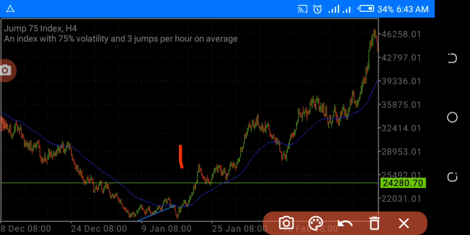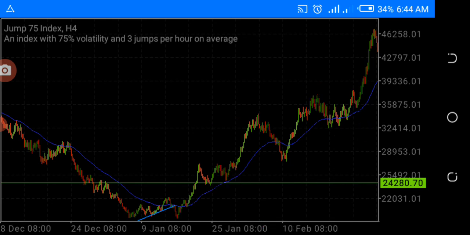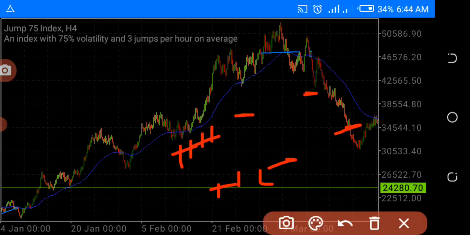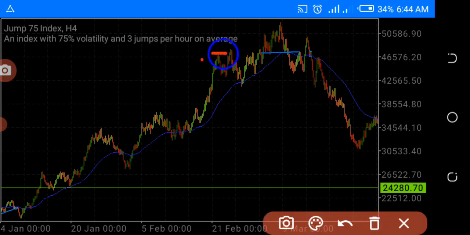Here's a higher high. Here's a higher low. The same thing here, higher high, higher low, higher high, higher low. Let's keep going up. Higher high, higher low, higher high, higher low.